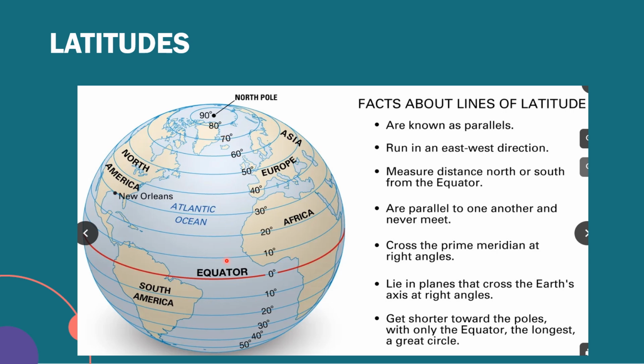There are 90 latitudes above the equator and 90 latitudes below the equator. So these are horizontal lines parallel to equator and are known as latitudes. These run from east to west. This is east and this is west.